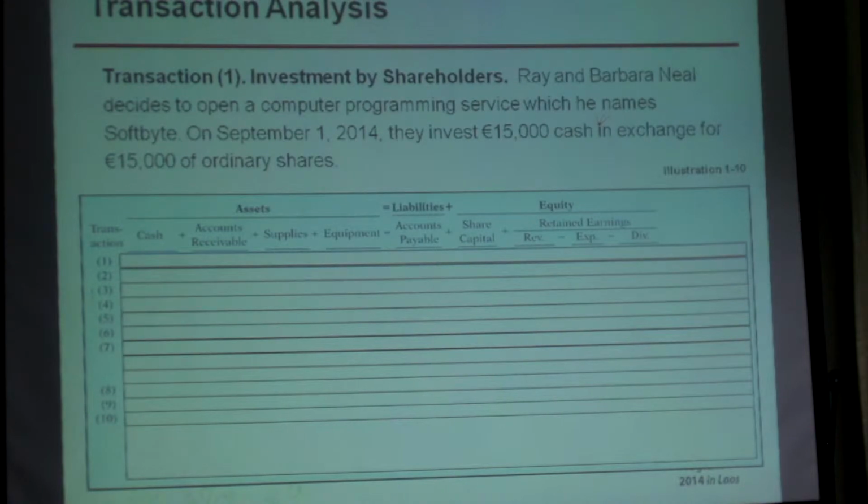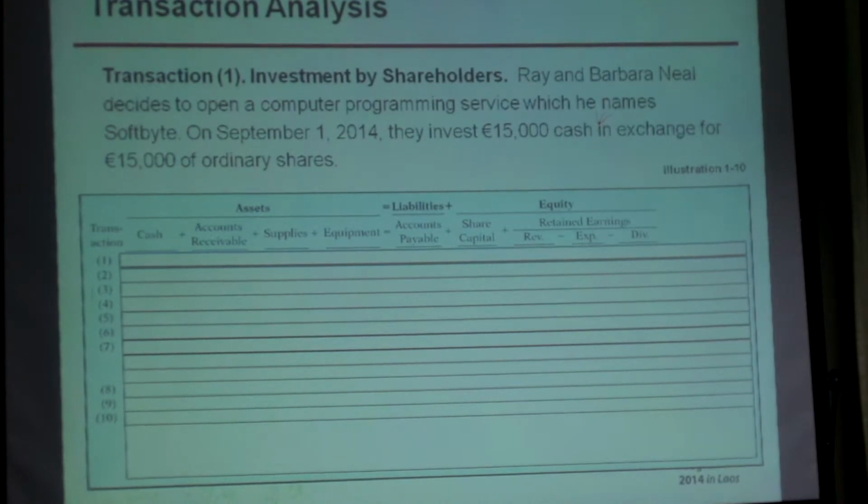So, what's the company name here? Softline. Who are the stockholders? Ray and Barbara. Then the company received the money from the investors. How much? 15,000 euro. And what did the company issue to them?